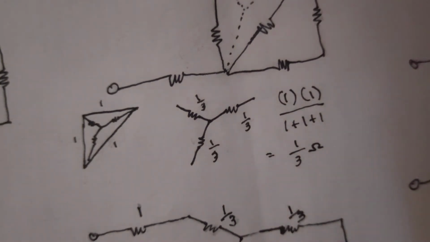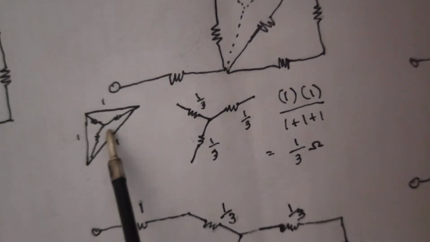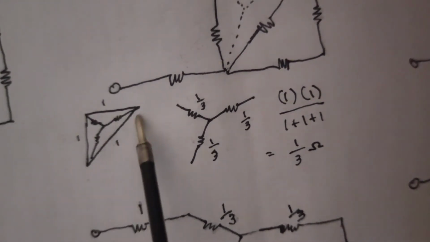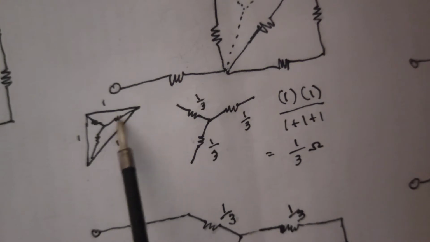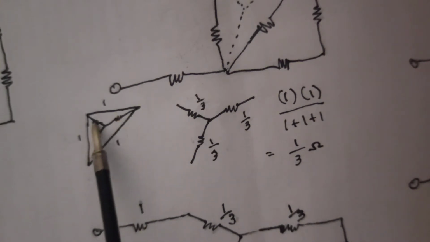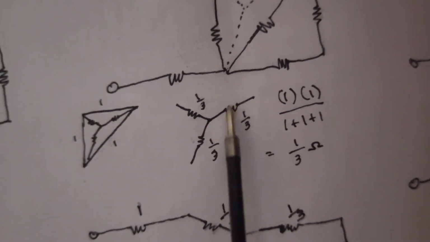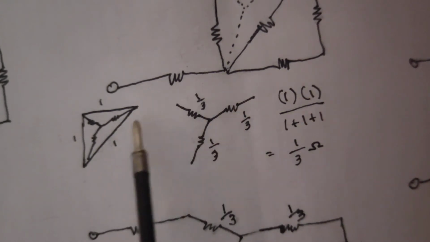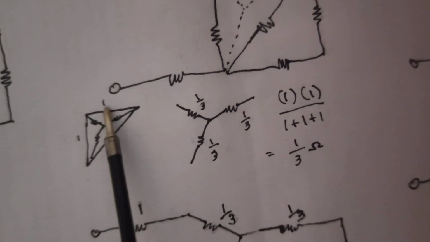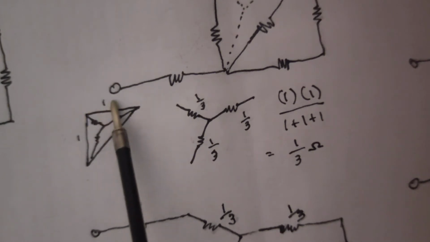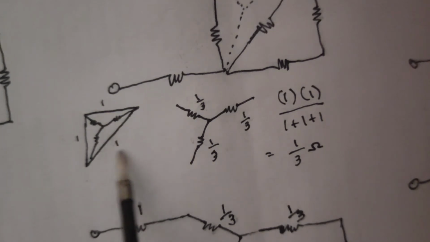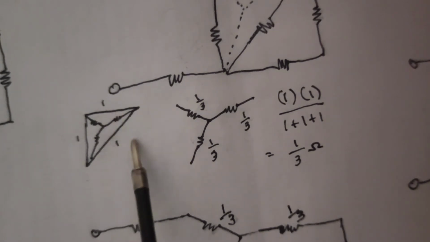To make it a Y formation, I first drew this guide so that I could find the resistances of this resistor here, here, and here. So for solving the resistance for this, same as here, we must multiply the adjacent resistances from the delta formation, which is 1 and 1.